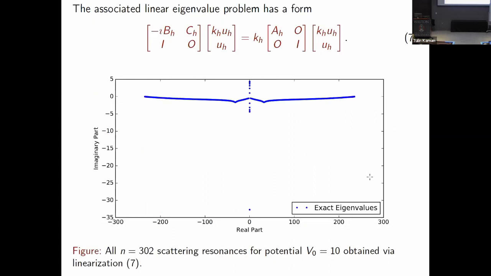This is the spectrum. If you take this problem, build a full linearization and calculate, it takes a long time to do the computation. So this is 302 scattering resonances for the potential equal to 10 using the full linearization. We build the corresponding linear eigenvalue problem to calculate all the eigenvalues. This is how the spectrum of this problem looks.